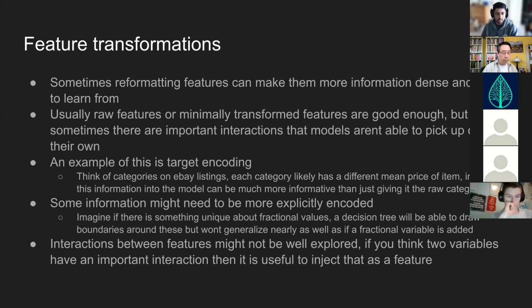The model can't learn that very easily, because if you have something that's 1.6, 2.6, 3.6, it's hard for the model to learn that every time there's a decimal point value it should be treated differently than something that is 1, 2, 3, 4, 5, 6, because the model has to draw a whole bunch of decisions for every single fractional value.